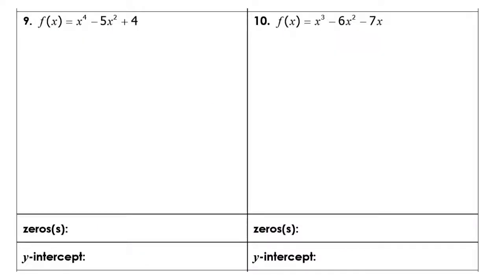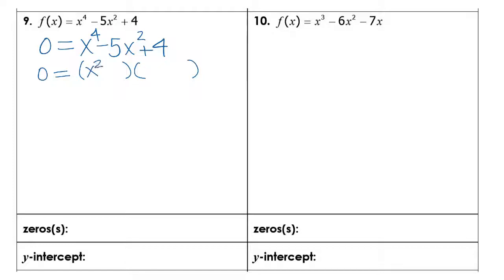All right, so for number 9, we're finding our zeros again. So we're going to have 0 equals x to the 4th minus 5x squared plus 4. Now, we don't have a GCF here. We can't factor out any part of those x's. We're going to have to factor with them. So what are we going to put inside our parentheses to take care of that?